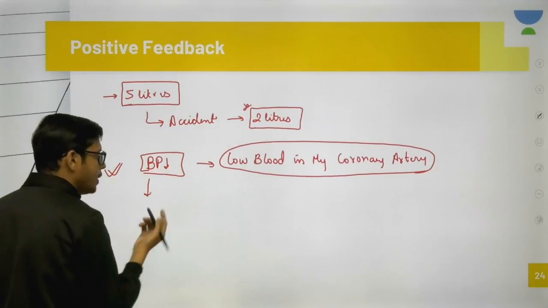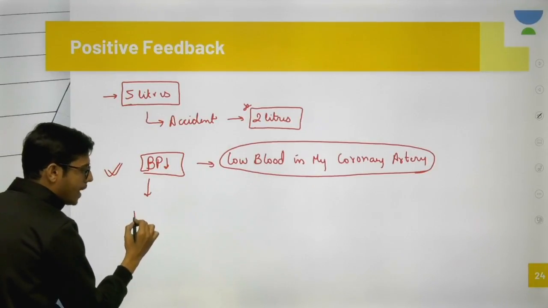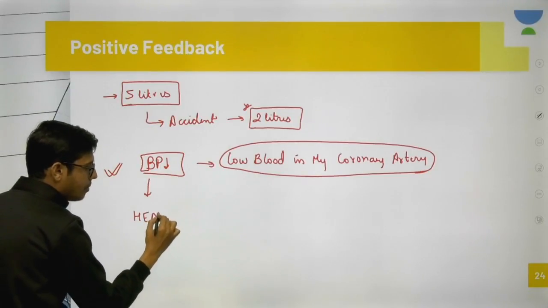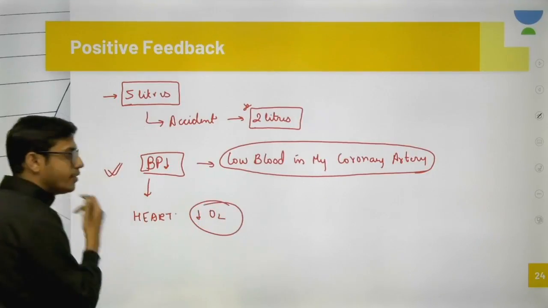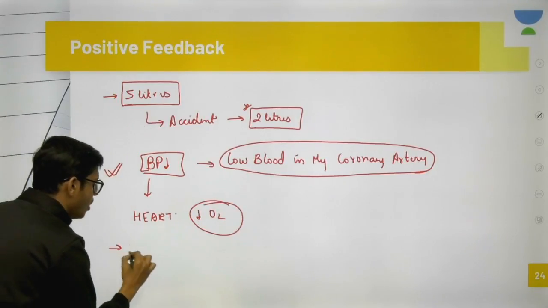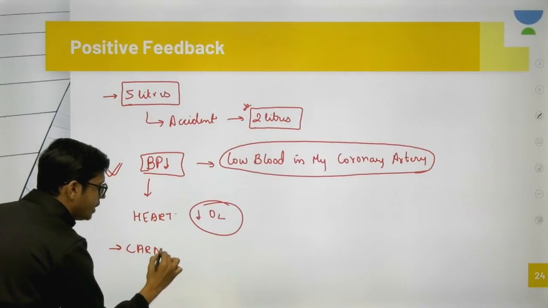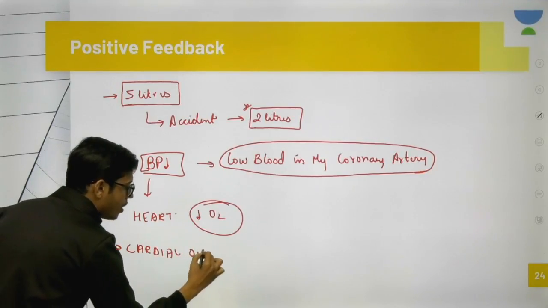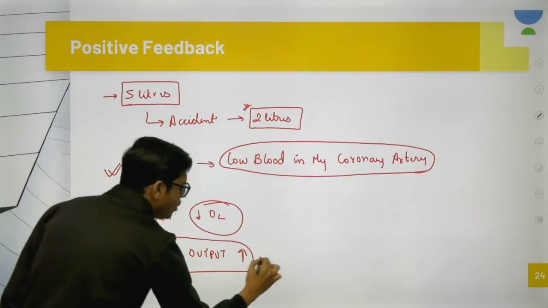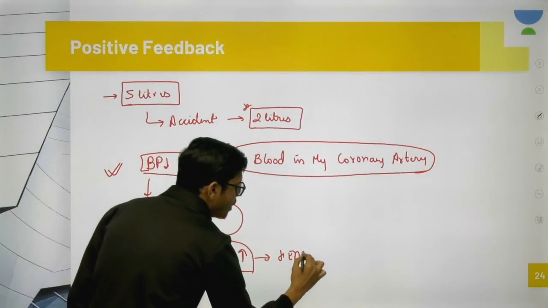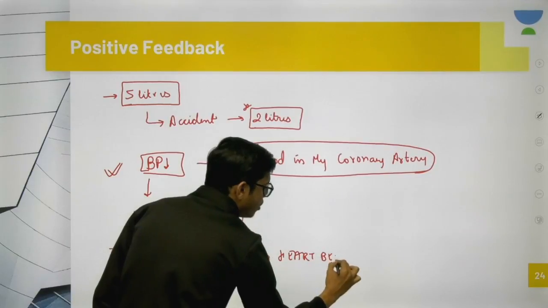Now see, two conditions we are getting. My heart is receiving less O2, and I have to increase cardiac output, so I have to increase my heartbeat.